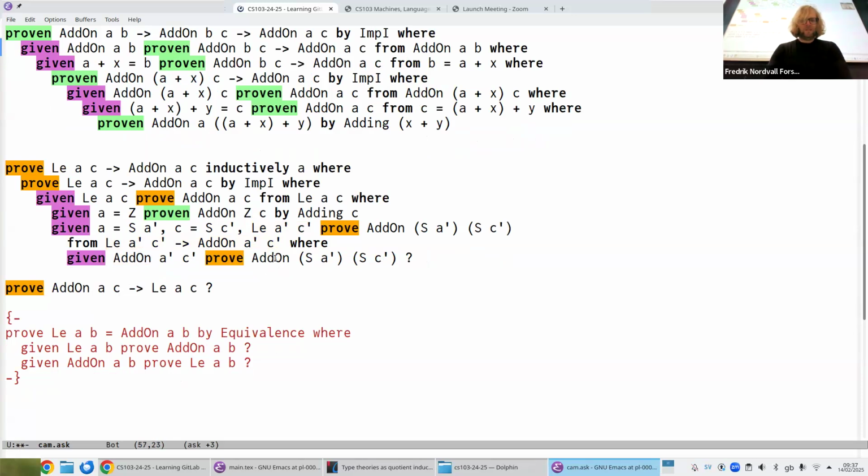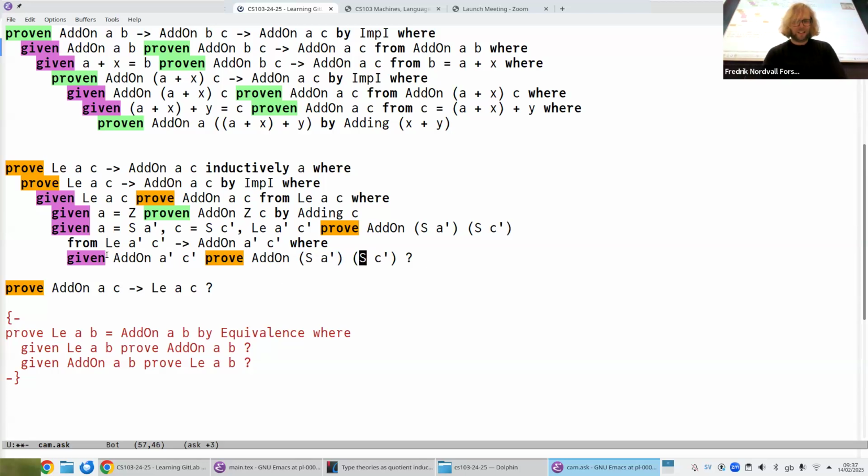So how can we use that to show that there's something we can add to the successor of A prime to get the successor of C prime? Well, here we've just put the successor on both sides of this equation, so we should be able to use the same something from here to show the same thing here, because things should balance out. There's one more here and there's one more here, right?